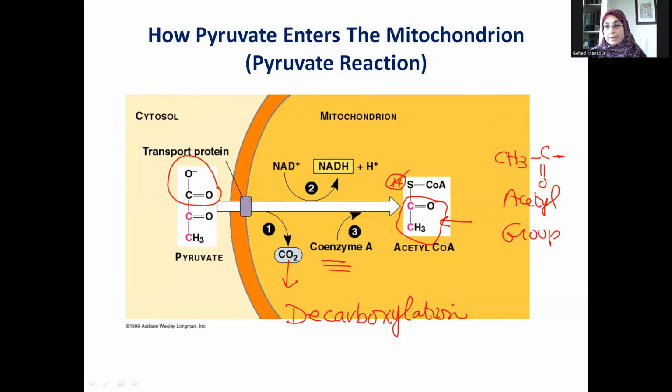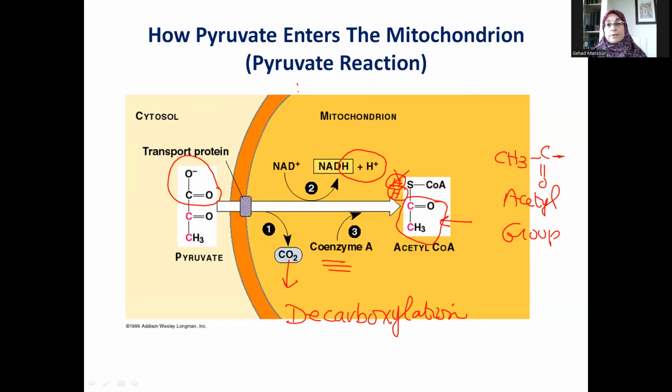So there is an H that is removed from here, another H that is removed from the acetyl radical. So we have two H's that are removed, and these are carried by NAD, as we saw last time in the classroom.